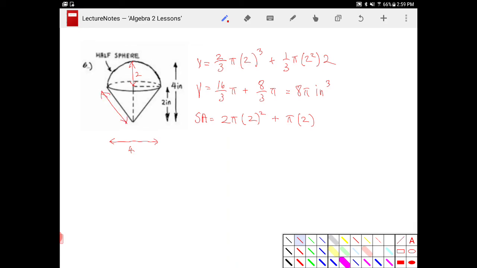So if I know that the radius is 2 and the height here is 2, this must be 2 radical 2 because it's a right triangle there. So pi times radius times the lateral edge is 2 radical 2. This is going to be 8 pi plus 4 radical 2 pi.